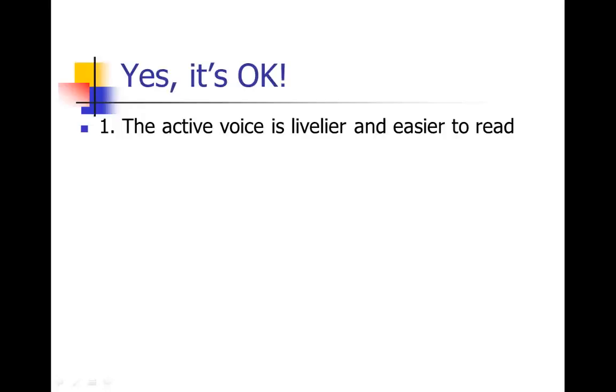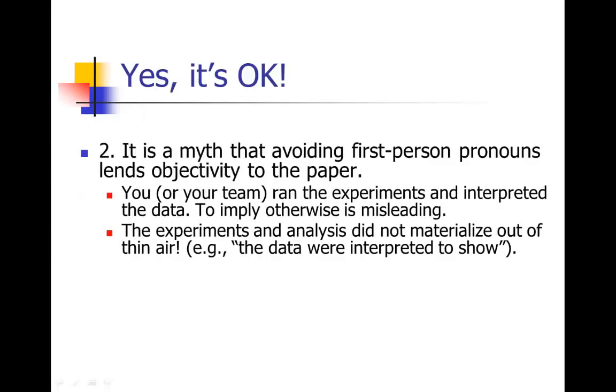There are other reasons too. The reason I think this prohibition against first-person pronouns probably crept in is there was this idea that somehow if you take the we or I, you take yourself out of the manuscript, it would somehow lend the manuscript objectivity. And really, I think this is just a myth.